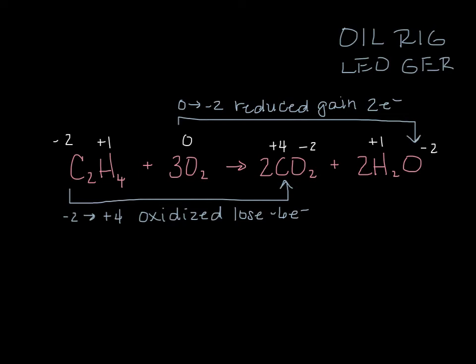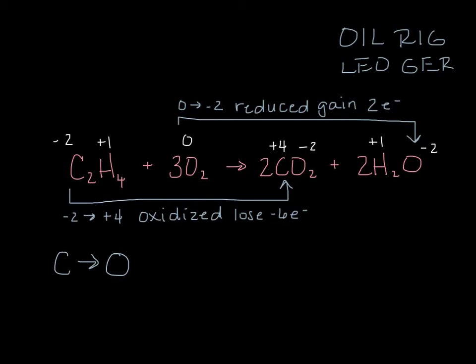So from this, I know that my carbon has been oxidized and my oxygen has been reduced. And the direction of electron transfer, if my carbon is losing the electrons and my oxygen is gaining the electrons, then the electrons are moving from carbon to oxygen.